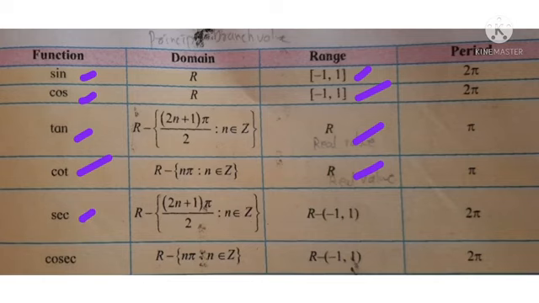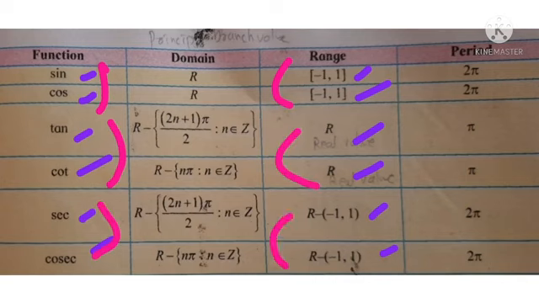The range of sec is R minus the open interval -1 to 1, and cosec's range is the same as sec. So notice that sine and cos have the same range, tan and cot have the same range, and sec and cosec have the same range. In this way also you can understand or write it.